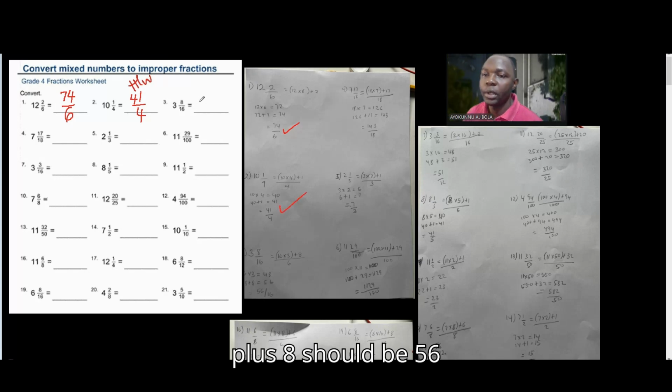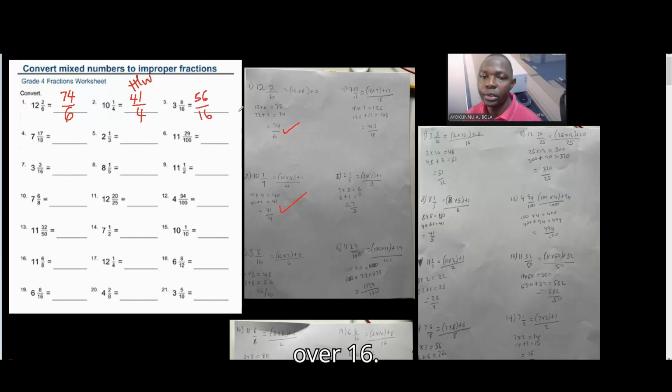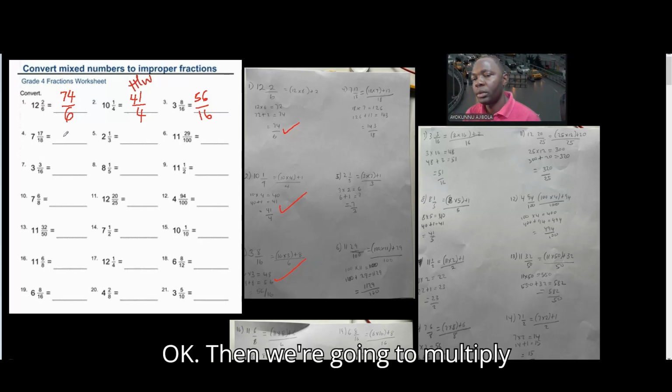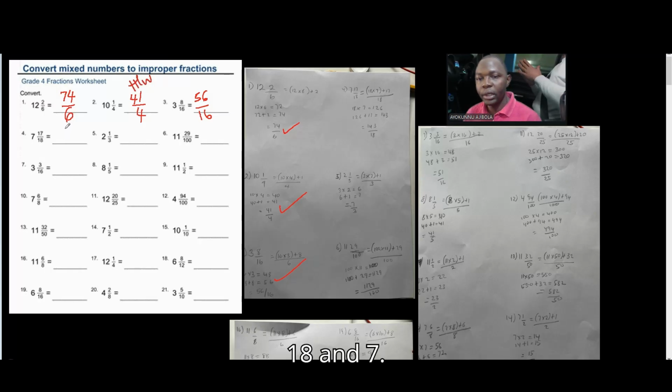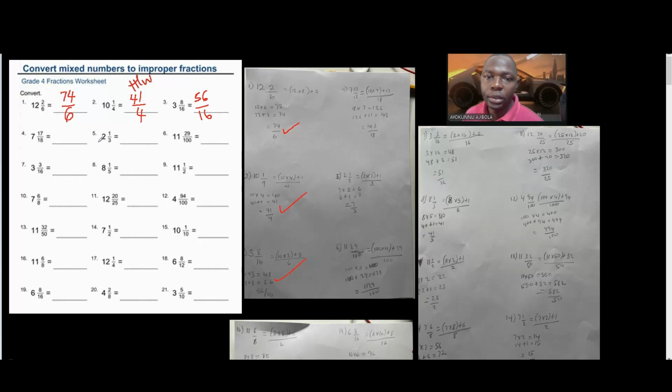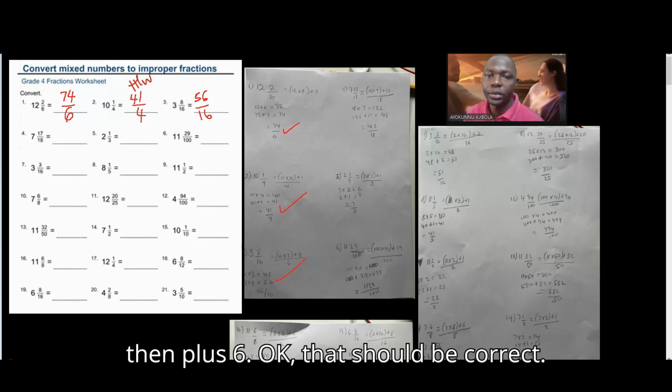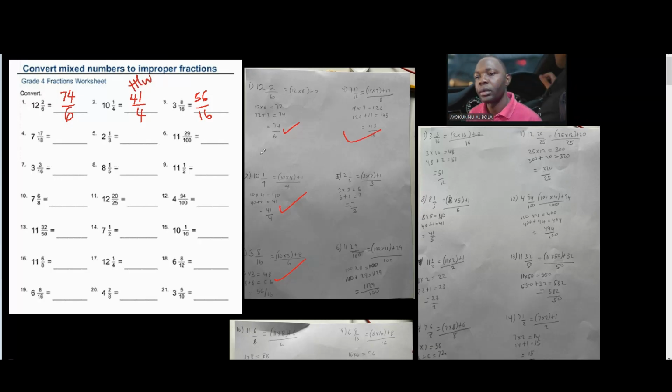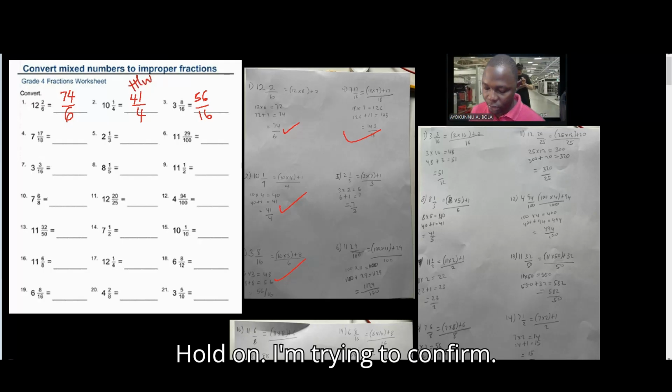48 plus 8 should be 56 over 16. Then we're going to multiply 18 and 7. If you get 126, then plus this. That should be correct. Hold on, I'm trying to confirm.